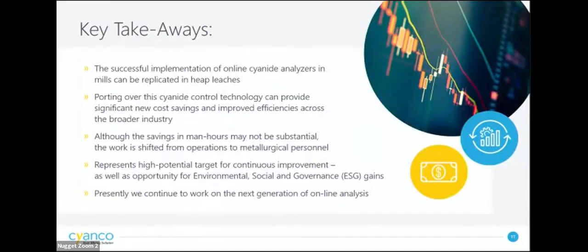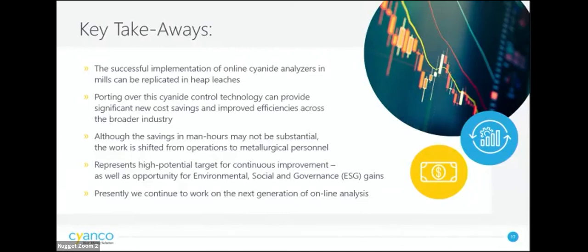In summary, the success of cyanide analyzers in mills can be replicated in heap leach operations to deliver significant cost savings and improved efficiencies. We have demonstrated that significant savings of about $500,000 can be achieved in mill operations, and we believe the same can be achieved in heap leach operations.